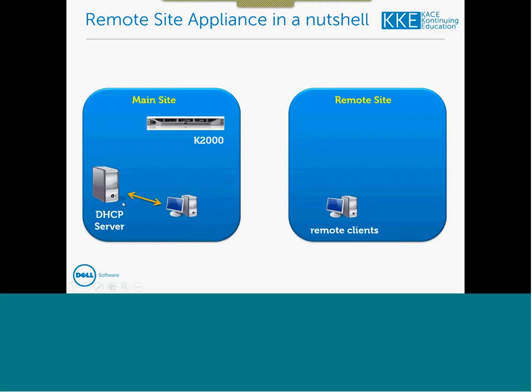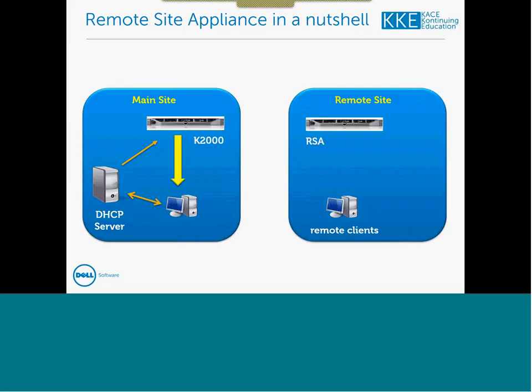So we have the PXE process, we have our DHCP address, which is provided by the DHCP server, and then pointed to the K2000, and then deployment to the client. On the remote side, this is not possible because our K2000 cannot connect to this remote site. So we cannot connect our main central K2000 to a client located at another location.